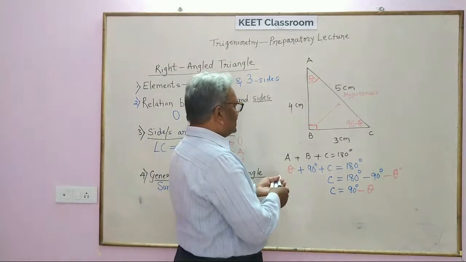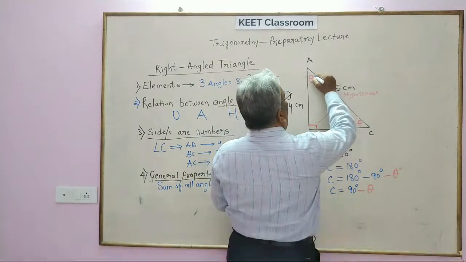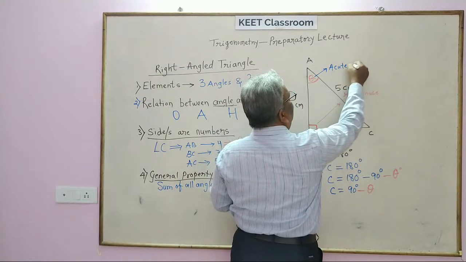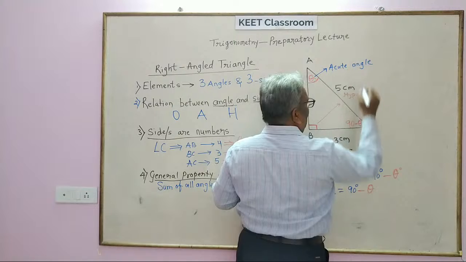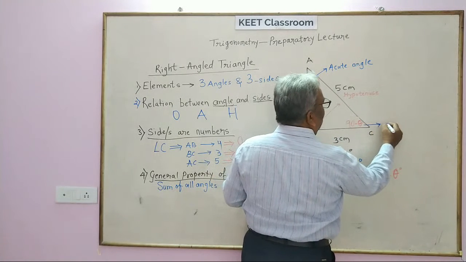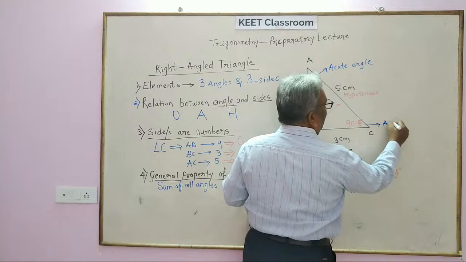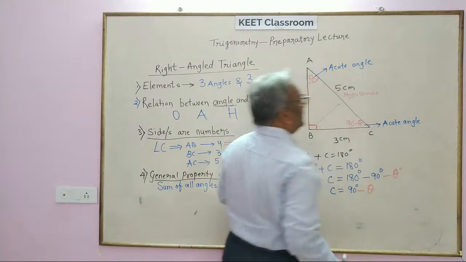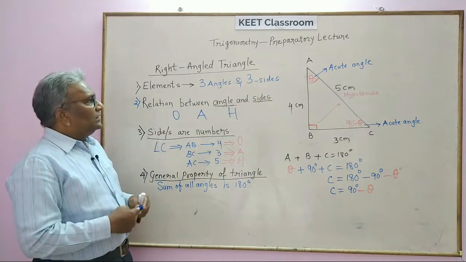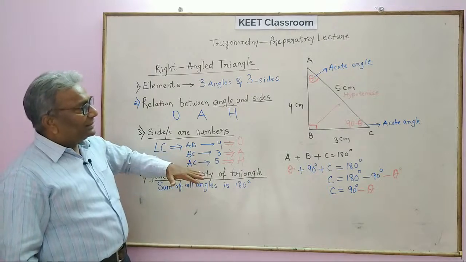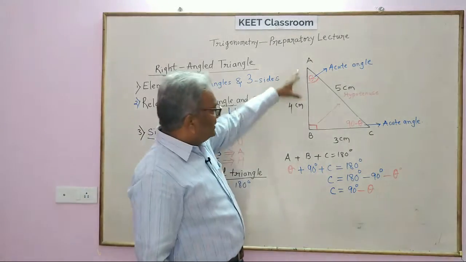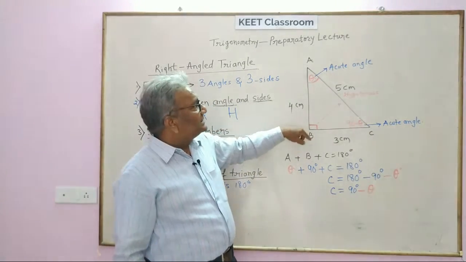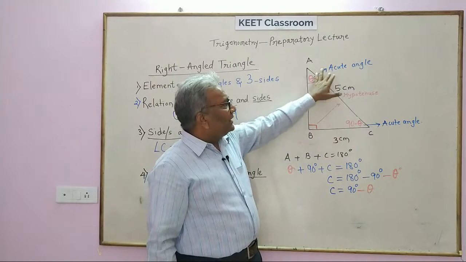Therefore, this theta or angle A is an acute angle, and also this angle C or 90 minus theta is also an acute angle. So at the end of this part, you must remember that in a right angle triangle, one angle is 90 degrees, whereas the remaining two angles are acute angles.